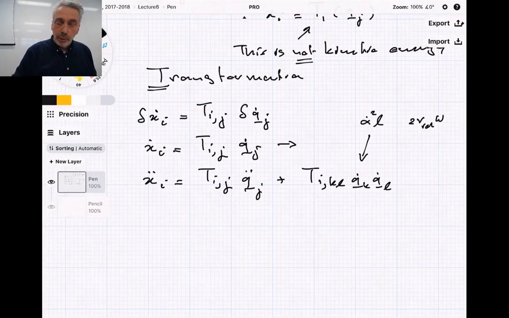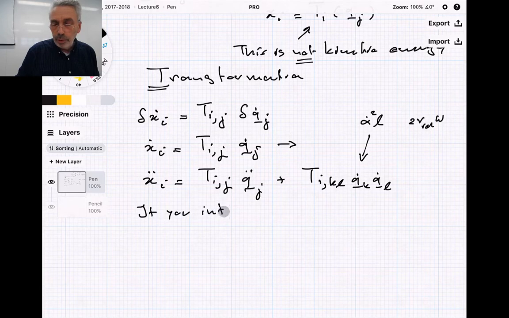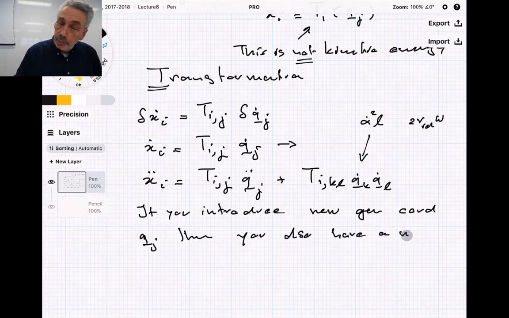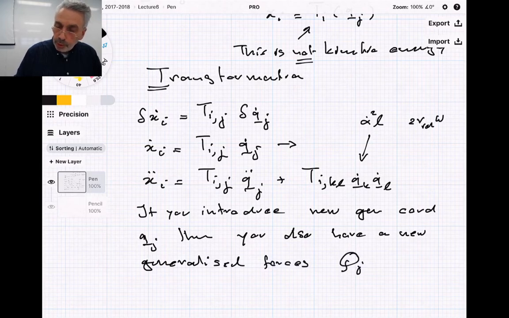The last thing we have to do is, if we introduce new generalized coordinates, q_j, then you also have a new set of generalized forces, and we like to denote them with capital Q_j.